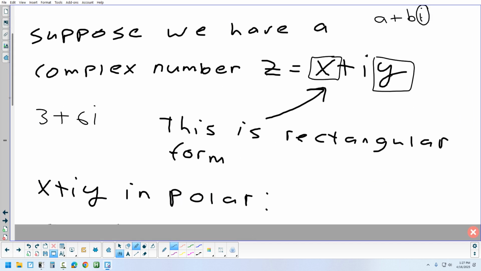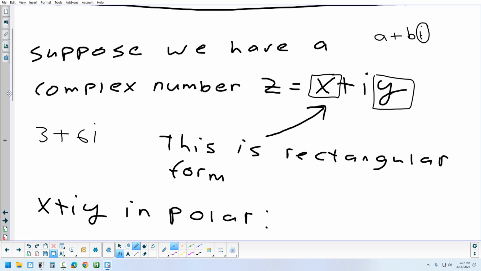On Monday, we had a formula for X. Does anybody remember, when we were converting between polar and rectangular, what was our formula for X? R cosine theta. And what was our formula for Y? R sine theta.